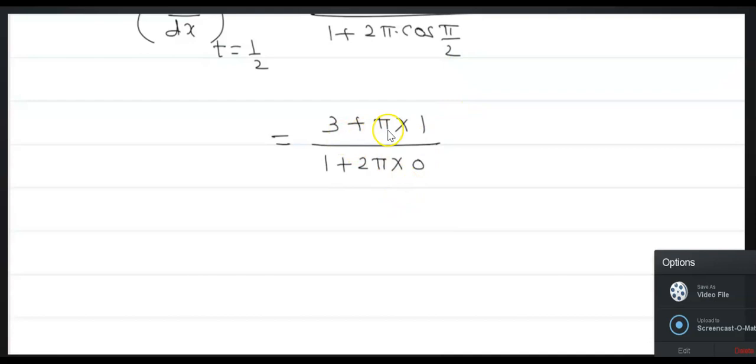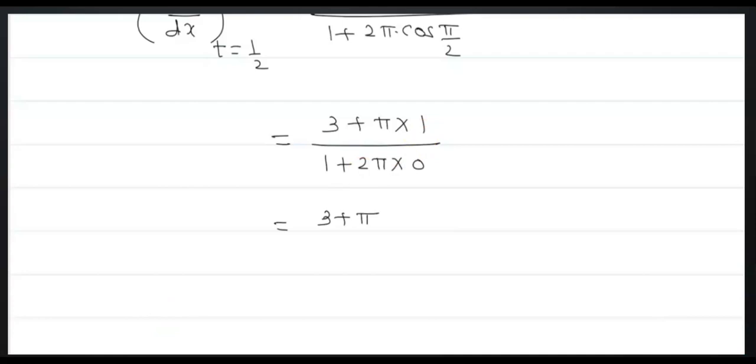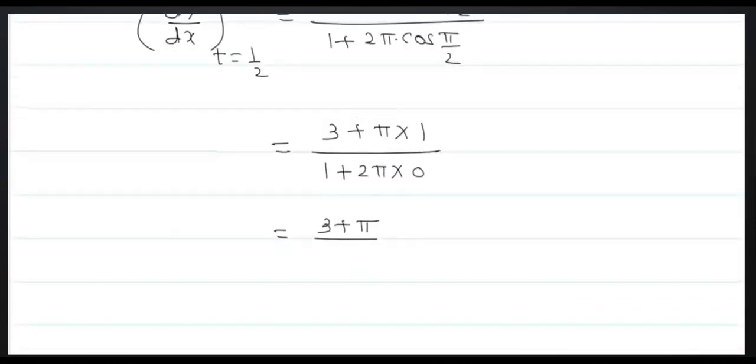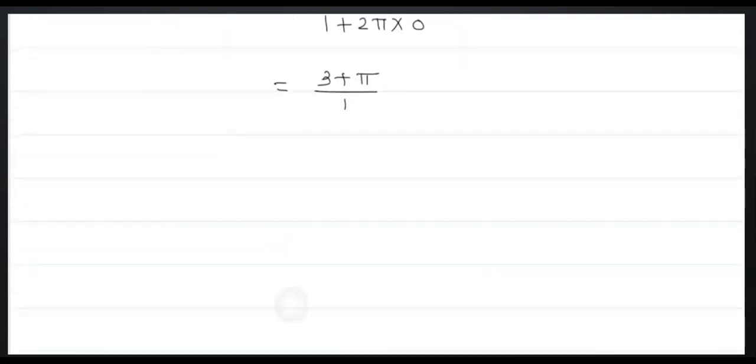Now 3 plus pi upon 1, 2 pi times 0 is 0. That is 3 plus pi. That will be the answer.